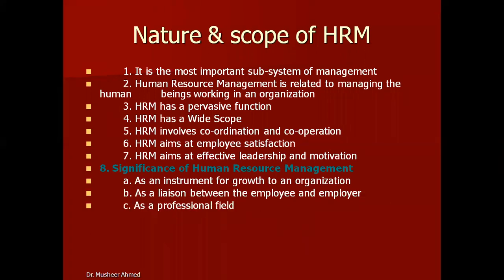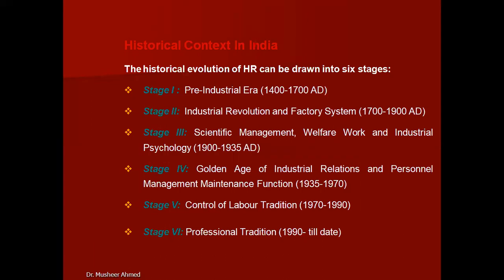Seventh, human resource management aims at effective leadership and motivation. We have already studied leadership and motivation in the last semester, that is the first semester, in the subject organizational behavior. So I think there's no need of explaining effective leadership and motivation, right?